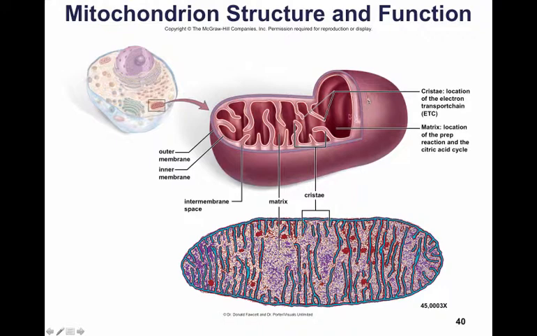The mitochondrial matrix is the very inner part, maybe the cytoplasm of that ancient bacterium, and that is where the citric acid cycle components are found. So the citric acid cycle happens inside the mitochondrial matrix, and electron transport occurs on the membrane surface of the cristae.